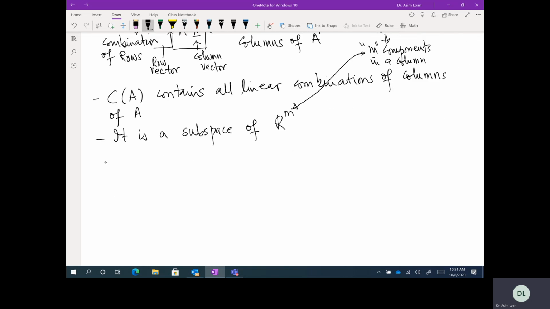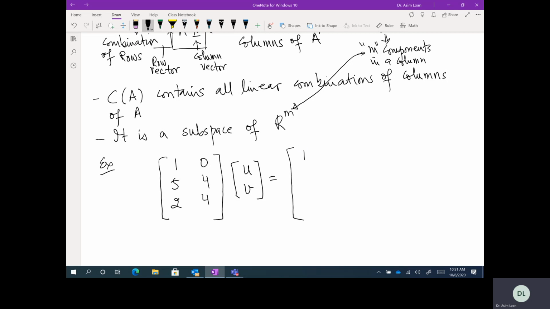And let me give you an example. And probably we will be using this example over and over again. So this is [1, 5, 2; 0, 4, 4] times the unknowns U, V equals some B1, B2, B3.